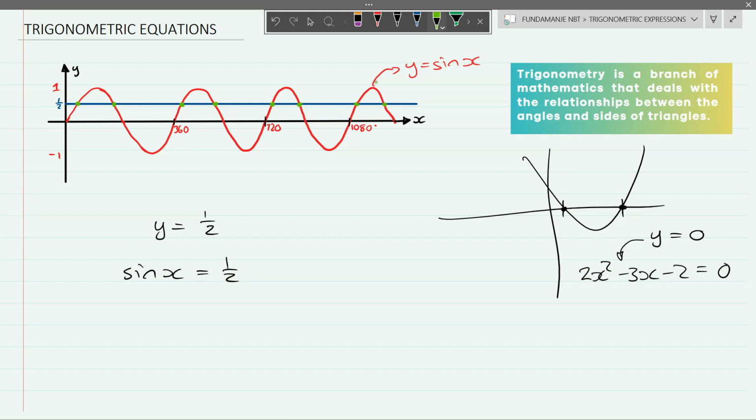But we know intuitively that our function is only unique from 0 to 360. Therefore, if anything happens in this region, it's going to repeat after 360 degrees, which means between this point and this point there are 360 degrees.